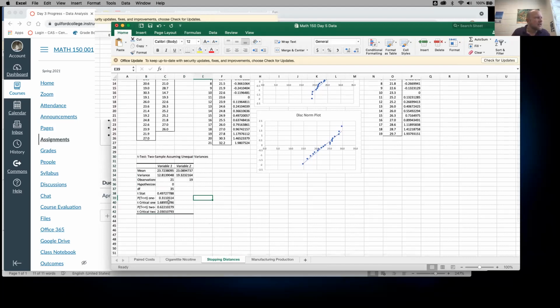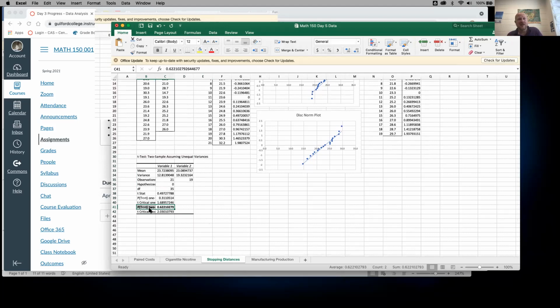It looks like, oh, and we ought to be saying, is there a difference? That's what we're talking about. And for a difference, then we would need to be thinking about the two-tailed test. So for the two-tailed test here of getting a difference, we've got 0.622. That's way more than our 0.05. So that means we've got really weak evidence.